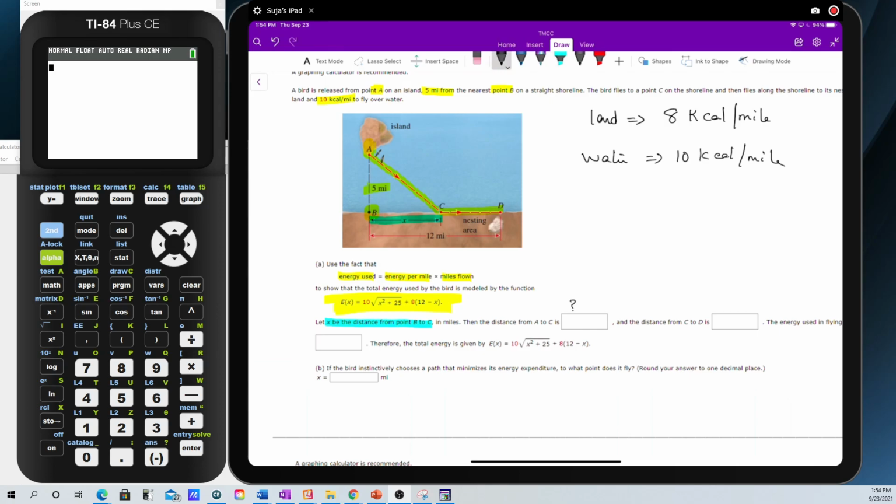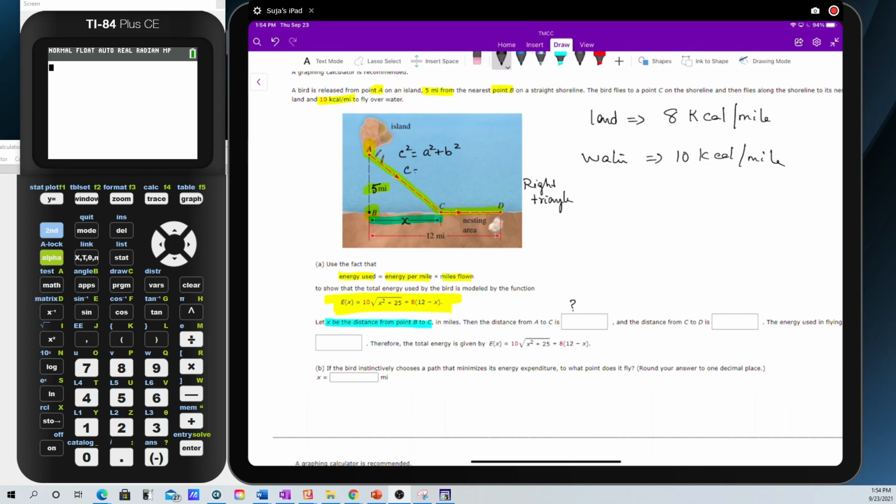So let me come back to my picture. So point A, point B, point C looks like a right triangle, and I know that the horizontal length is x, I know this length is 5 miles, so I can find the hypotenuse using the formula c squared is equal to a squared plus b squared, right?